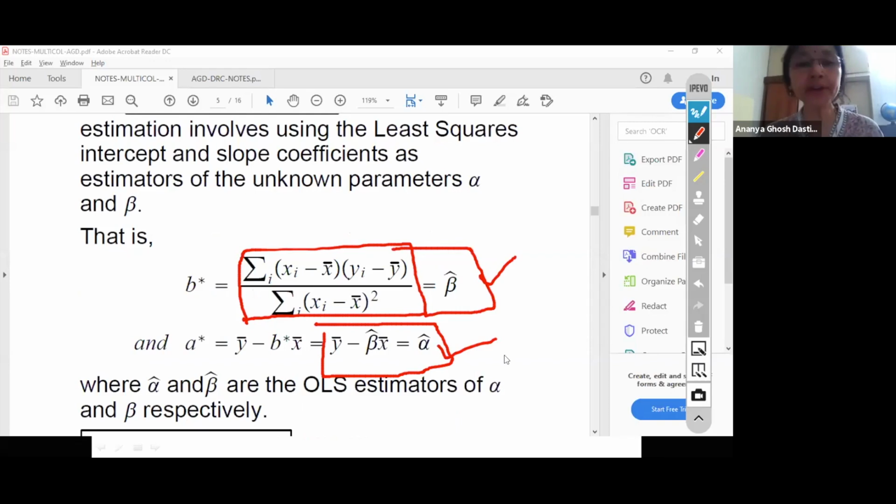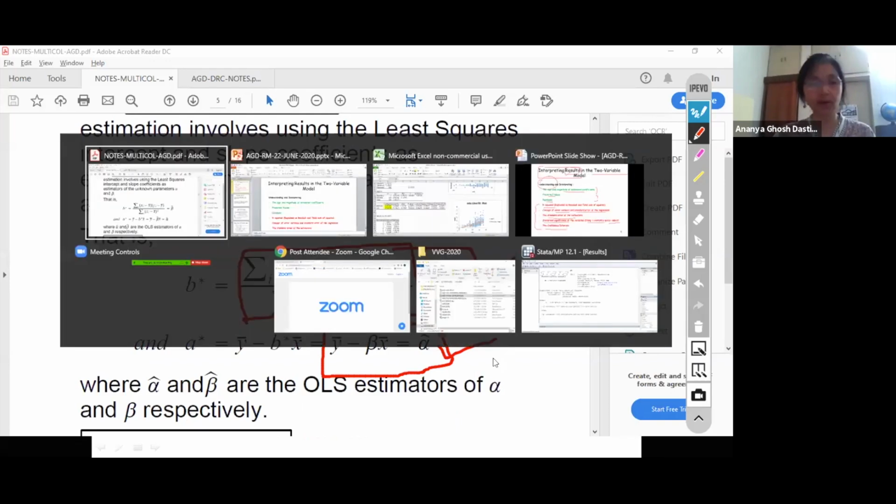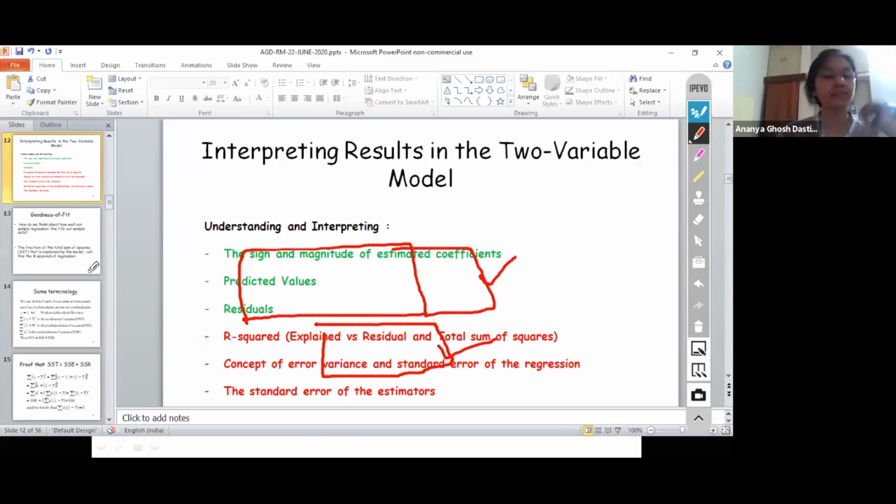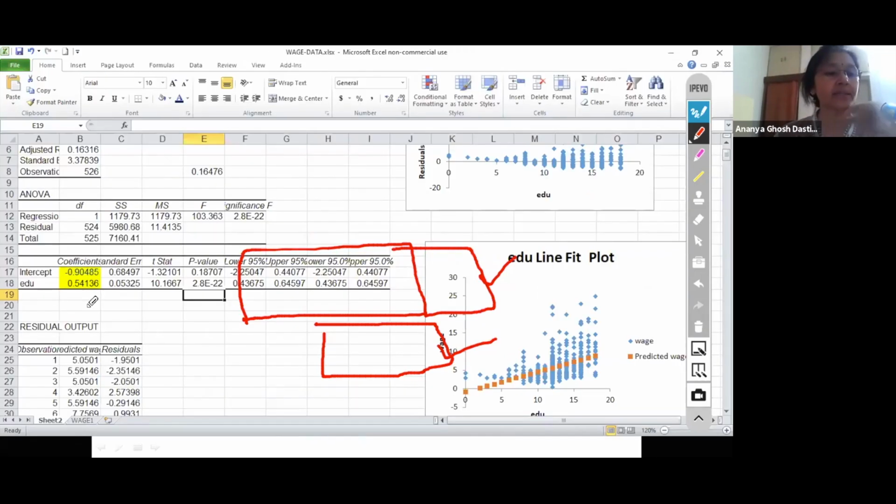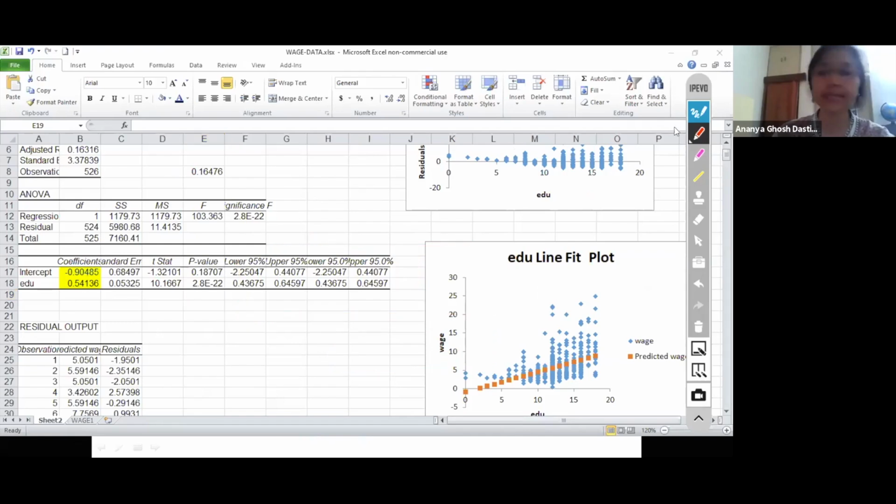And here on the Excel screen is that alpha hat and the beta hat. So the beta hat is going to be highlighted in red, and the alpha hat is already in blue.